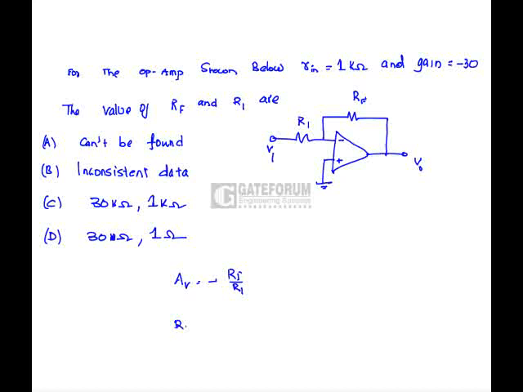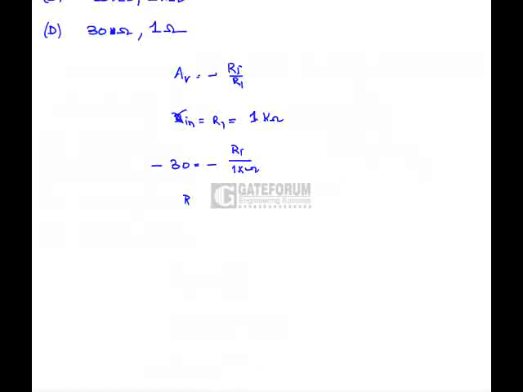Here R in is nothing but R1, which is given in the question itself, that is 1 kilo ohm. So 30 equals minus RF by 1 kilo ohm. So RF is going to be 30 kilo ohm, and R1 is 1 kilo ohm. Hence option C is correct.